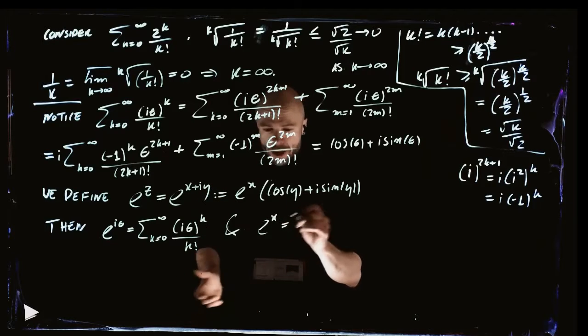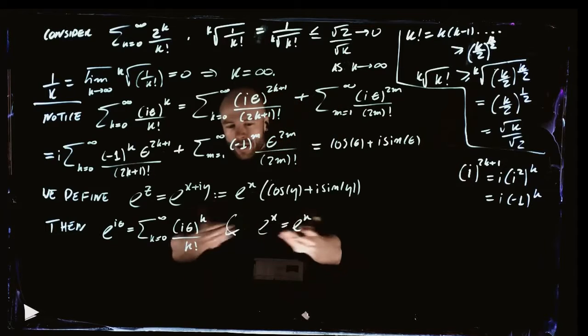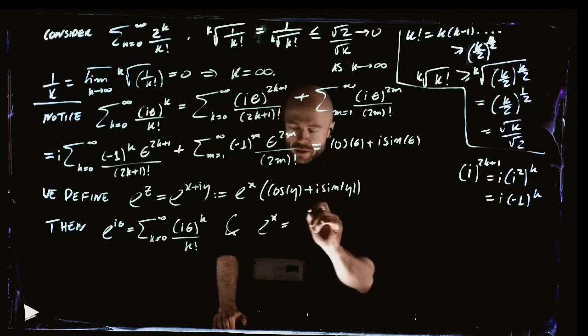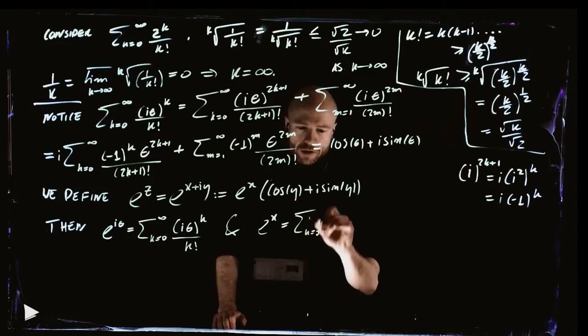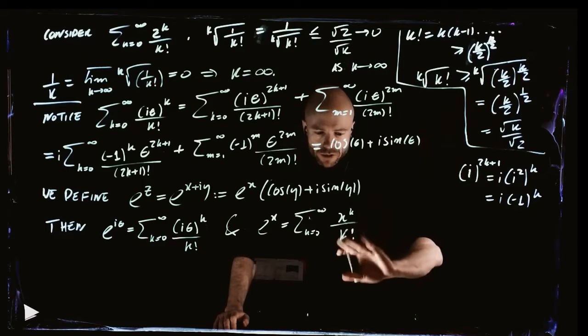This is just e^x, which is also given by the power series, the sum k equals 0 to infinity x^k over k factorial, as we know from calculus.